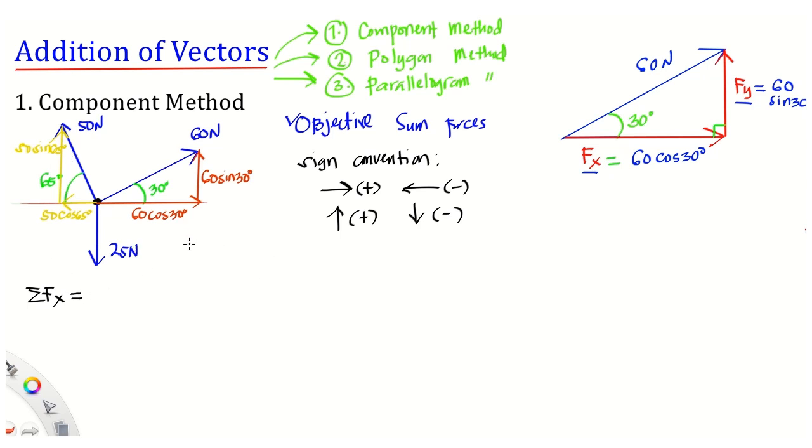Now, this is again an important thing that you need to consider. We are going to use the components. If I use the components of 50, 60, and 25, then we are not going to use these forces anymore. So in other words, I'm going to use the components, therefore we are not going to use these forces anymore.